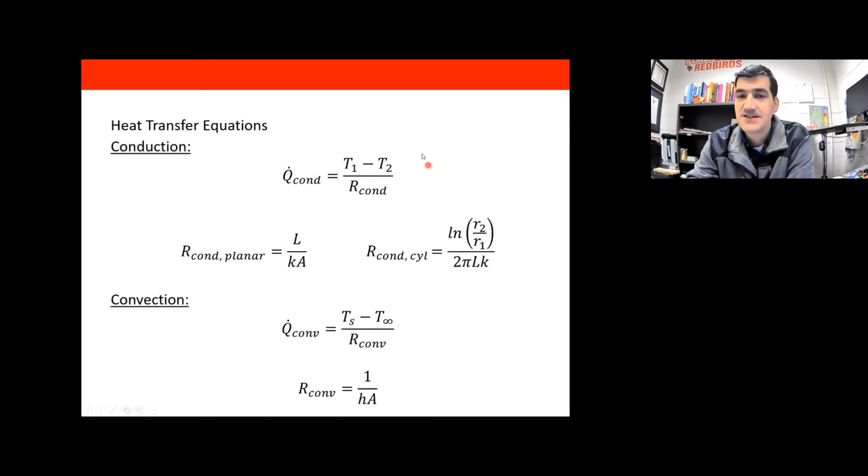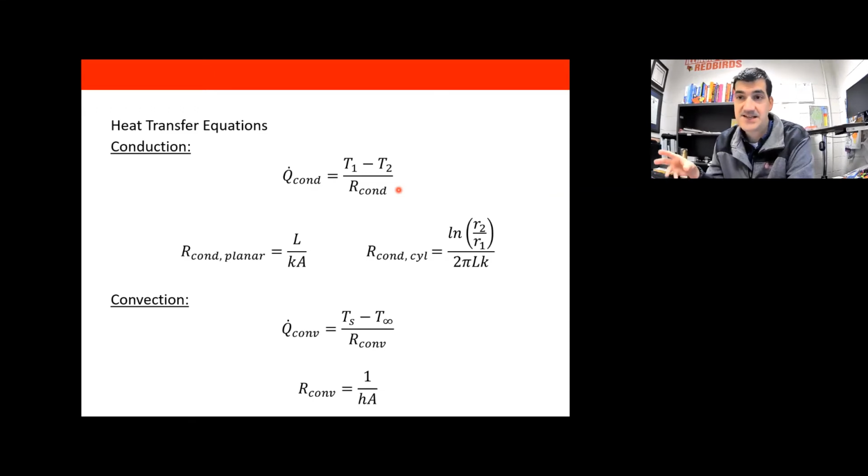And because they're in a similar form, we can combine them very easily, simply by combining resistances. So that's really all we're going to do today, is we're going to combine thermal resistances for conduction with thermal resistances for convection and potentially thermal resistances for radiation.